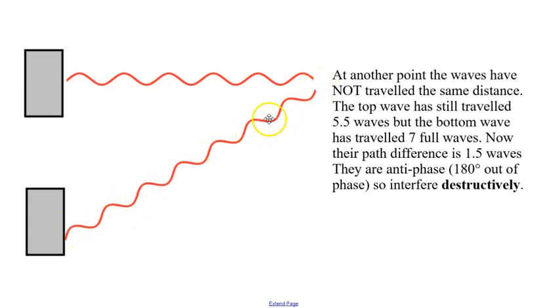If we count how many waves here, we've got a total of 7 full waves compared to 5.5 waves. So we have a difference of 1.5 waves. The path difference is 1.5 waves. Now these two waves are going to meet out of phase, 180 degrees out of phase, known as antiphase. So here we get destructive interference, and effectively the waves cancel out and we get no sound at all.